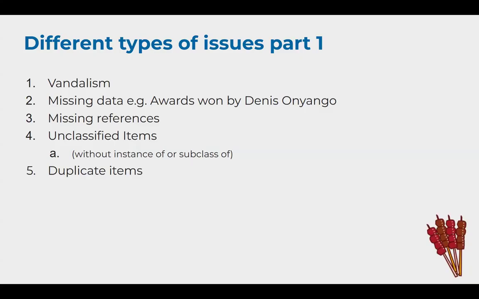Another issue is missing data. When we were searching for Dennis Onyango, we saw that some of his awards are missing, or some of the teams he has played for are missing. So data is always missing. For example, we saw that for the universities, we have private and public universities, but some of the information is missing.